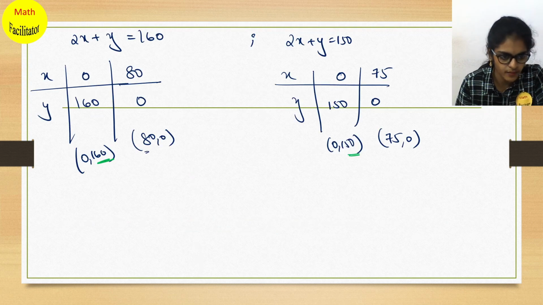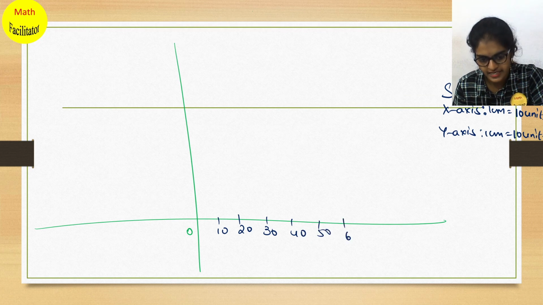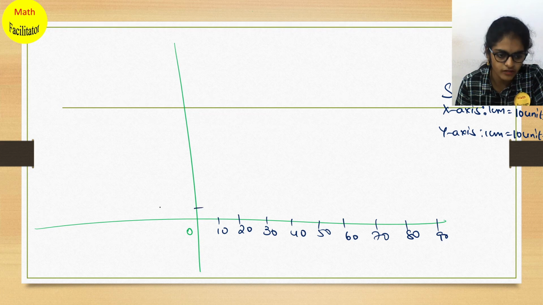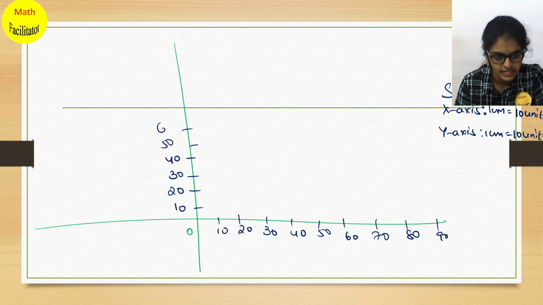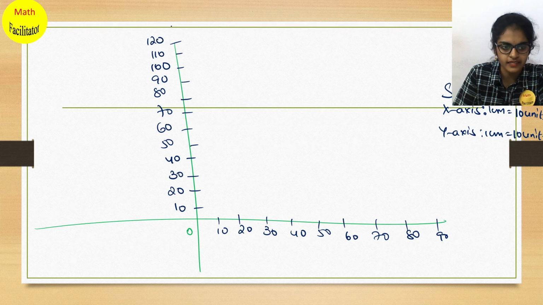My x value maximum are 80 and 75, so 40, 50, 60, 70, 80 and 90 are sufficient. But here on the y-axis I want 10, 20, 30, 40, 50, 60, 70, 80, 90, 100, 110, 120, 130, 140, 150 and 160, a little avoidable.